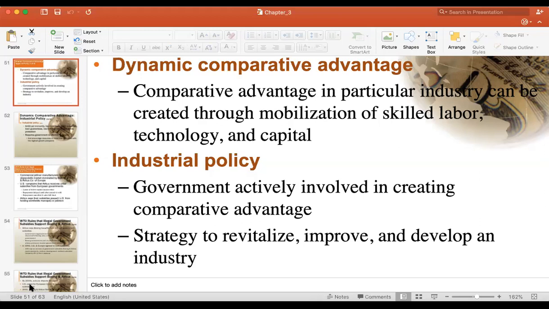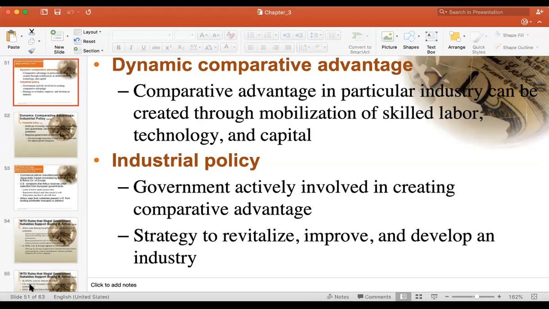Now, all you need to know about why competitive advantage is a dynamic concept is simply look at Japan in the post-war period. In other words, late 40s, early 50s. By using industrial policy, Japan was able to create a competitive advantage in the steel industry.